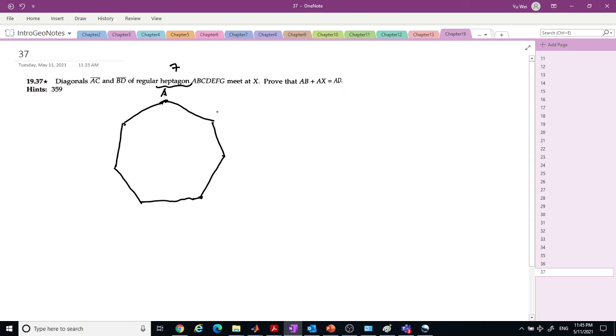A, B, C, D, E, F, G, okay. So there is a circumcircle, okay. I don't need to draw this, but I draw it for you to be able to see the center angle and the inscribed angle, okay.